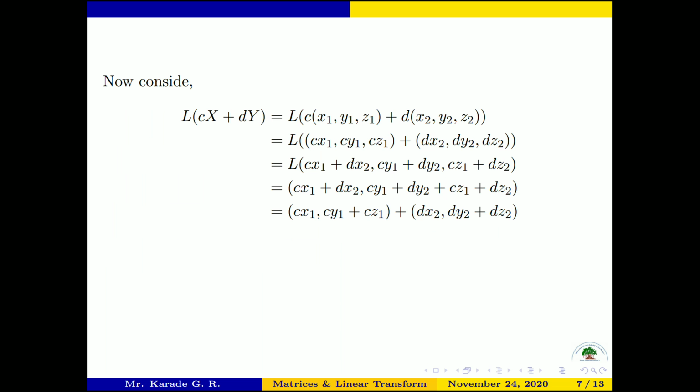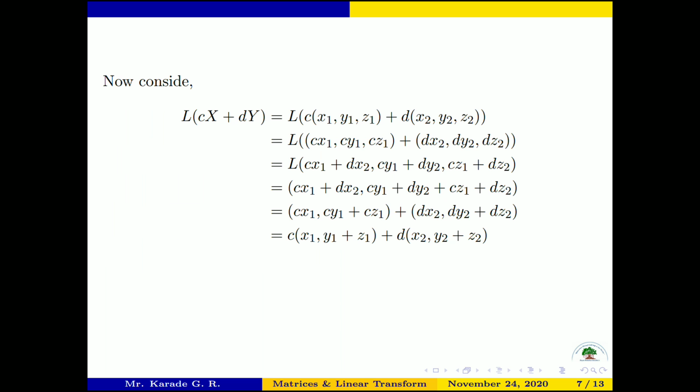Now this above vector, in the second last step, is a vector with two components, and that vector is nothing but the addition of two vectors. The first vector is (cx1, cy1 + cz1) plus the second vector (dx2, dy2 + dz2).